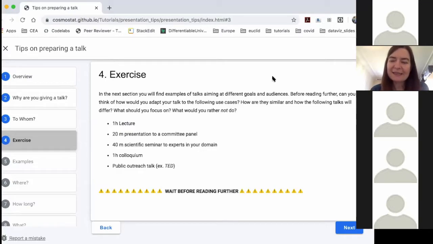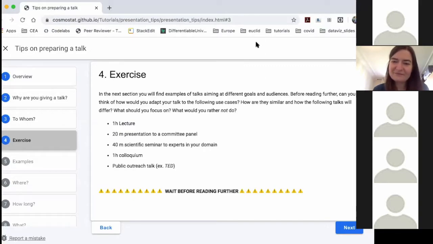Is that similar or different to a situation in which, for example, you're teaching, giving a lecture, or giving an outreach talk? Would you target a general audience in the same way in these three situations? I think it depends for the committee. If you know in advance who's going to be there, you can get some information, see what their fields of expertise are, and adapt for that.